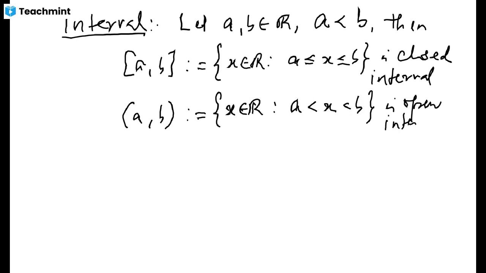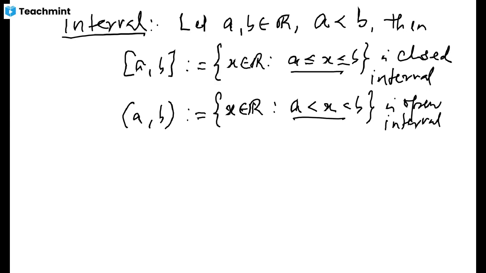In the closed interval, the endpoints A and B are included. They are part of the set. Whereas in the open interval, the endpoints A and B are not part of the set, as is clear from these inequalities in the definitions of the intervals.